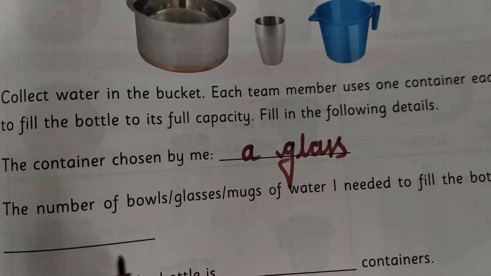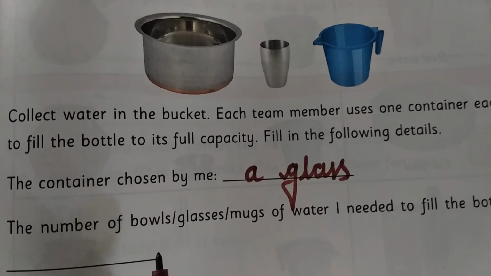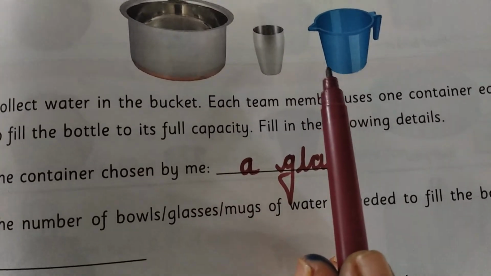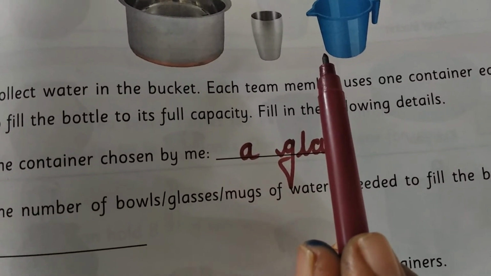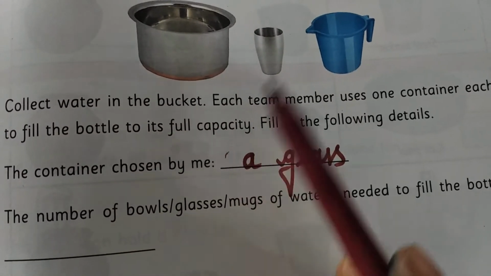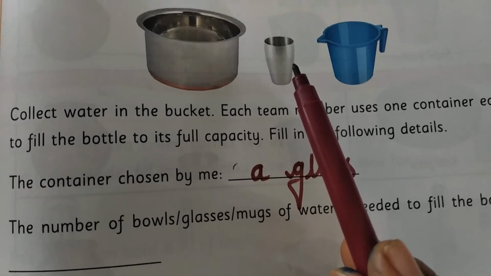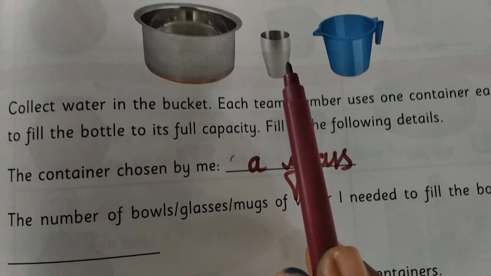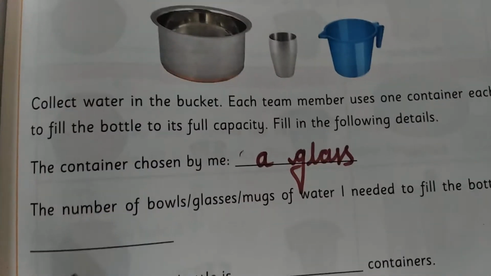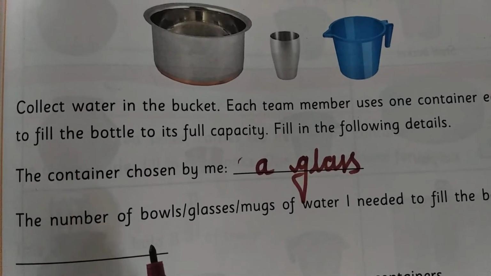In your home you can take one water bottle, Kanna, and select any one container, either a bowl or glass or mug. Here I am selecting a glass. How many glasses of water can fill the water bottle? That you want to write in this dash.